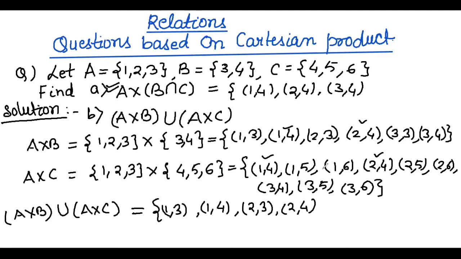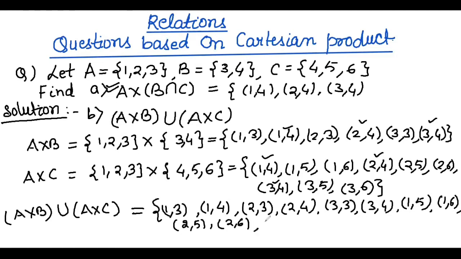After that 3, 3, then 3, 4, again 3, 4 is here in both the sets, and next 1, 5 from here, then 1, 6, then 2, 5, 2, 6, and 3, 5 and 3, 6 also. I hope all elements are here.